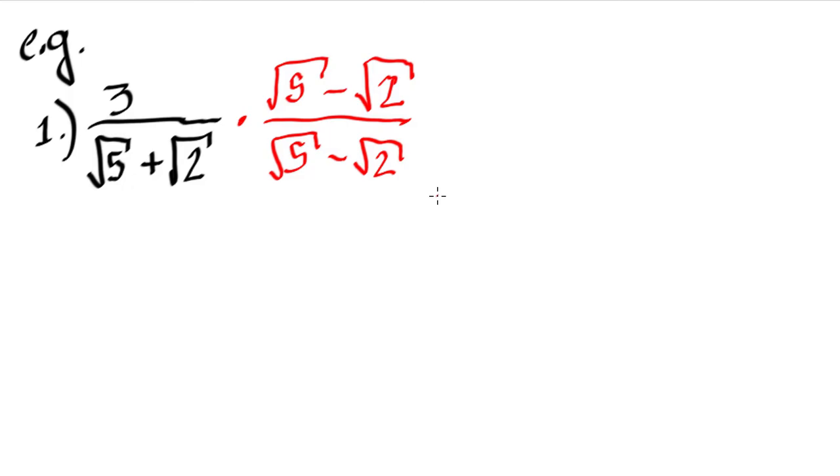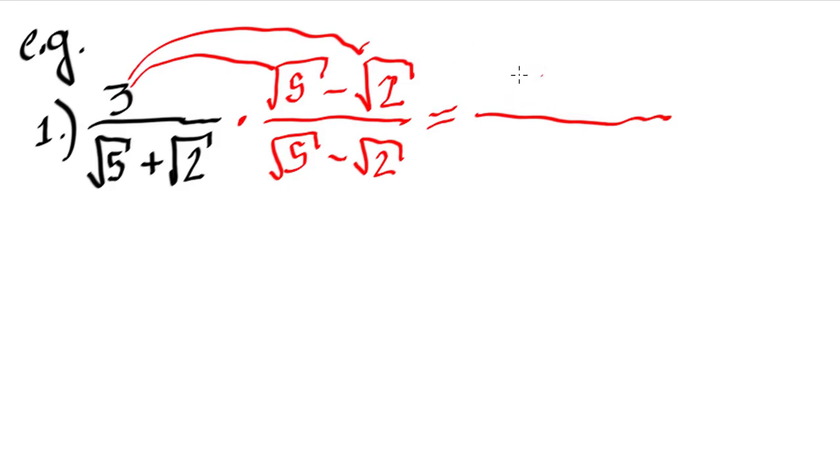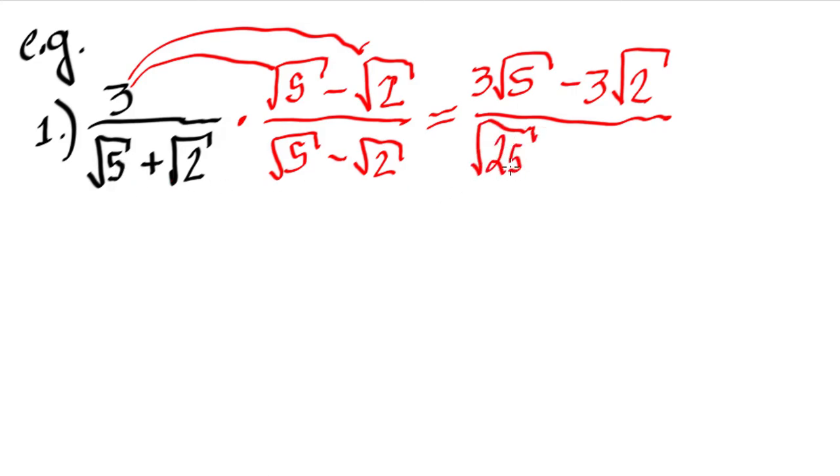So if we'll do this, let's just follow common math. In the numerator, we're going to distribute this 3 to the square root of 5 and square root of 2. So what we have is 3 square root of 5 minus 3 square root of 2. In the denominator, we're going to do the FOIL method. Square root of 5 times square root of 5 is square root of 25.